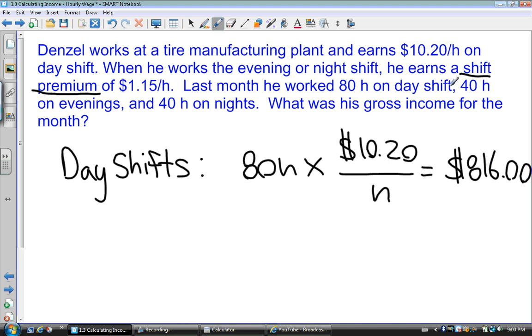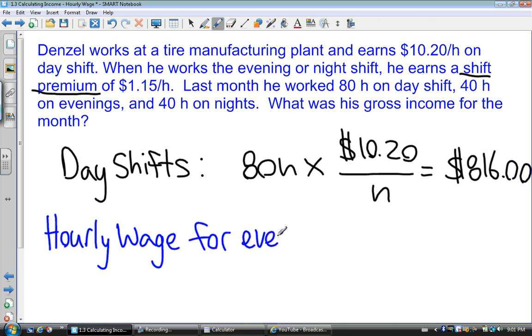Okay, so that is what he made in the month just on his day shifts. So let's look at these evenings and nights. So he works 40 hours on evenings, 40 hours on the nights, and here's where he gets the shift premium. He gets it for evening or night shifts. So the first thing we need to do is say, well, how much is his hourly wage with the shift premium? So we have the hourly wage for evenings or nights.